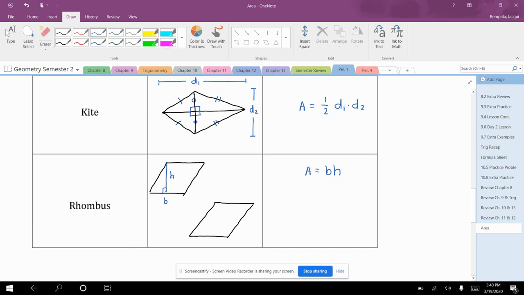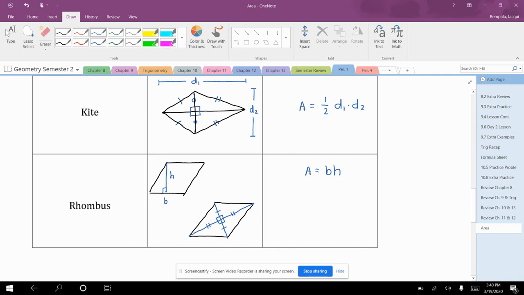If this information was not given to you, another way in which you can find the area of a rhombus is very similar to what I just told you when we found the area for a kite. If I have the diagonals of a rhombus, another quick reminder of what diagonals of a rhombus do: they are perpendicular to each other. They also bisect each other.